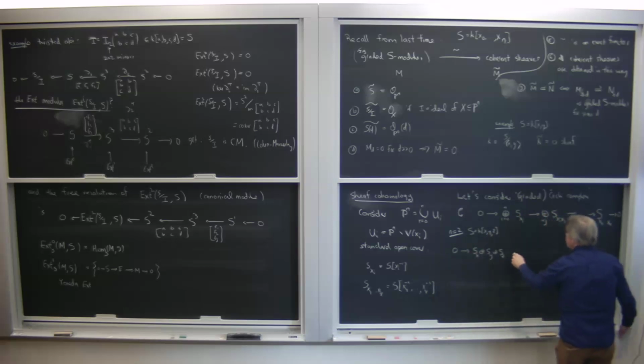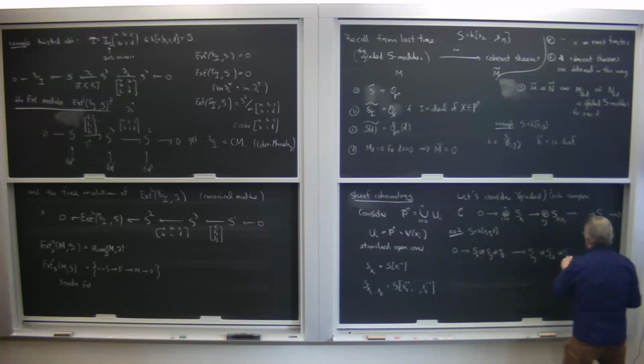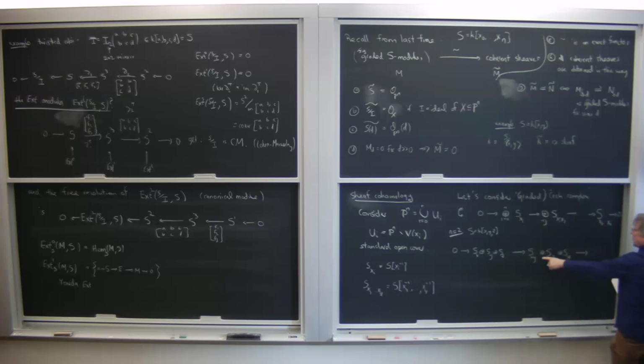And now the next one is we take every pair. So that's going to be S sub xy, you invert both x and y, or you invert both x and z, or you invert both y and z. And we'll say what the map is in a bit. And then the last term here is where we invert all 3. That's S sub xyz, and that goes to 0.